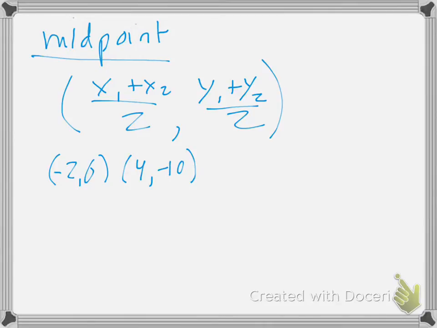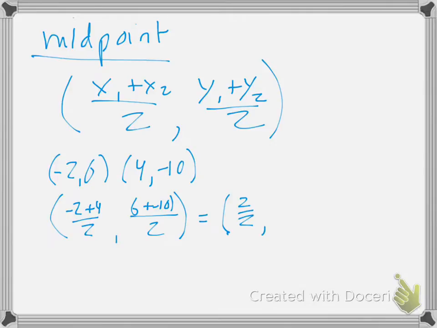You guys would say, oh, that's (-2 plus 4 over 2, comma, 6 plus a negative 10 over 2), parentheses I meant, not comma, and it equals 2 over 2, and negative 4 over 2, which is equal to (1, -2). Now the reason why they're teaching you this now is because there's another method for finding the line using the midpoint formula, which we will talk about at a later date.